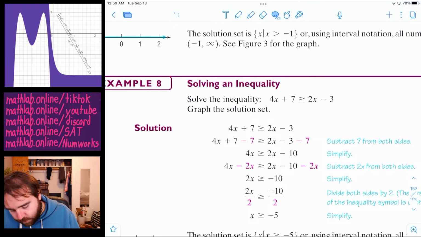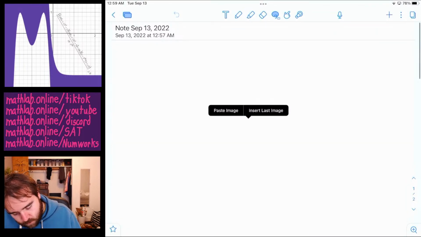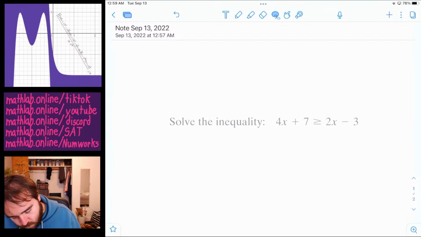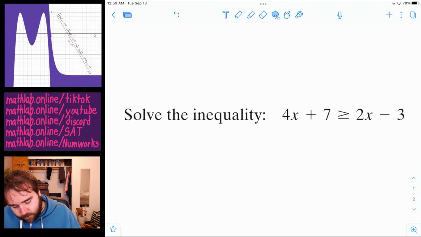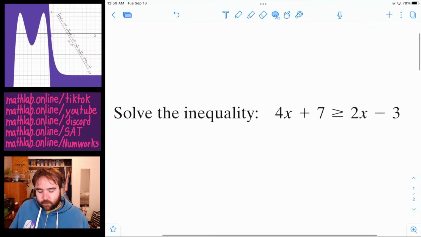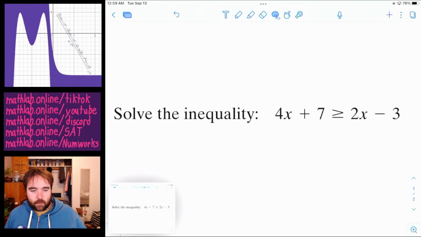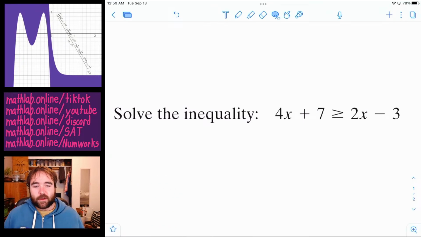Another one, pretty much the same. So here's another inequality we're going to solve. It's a little longer, but it's going to be the same idea.